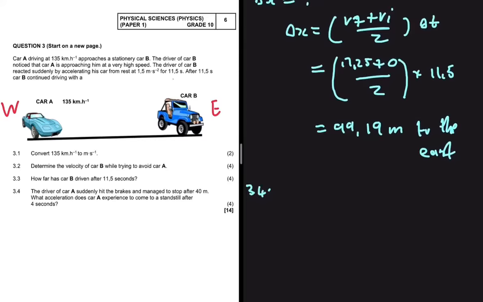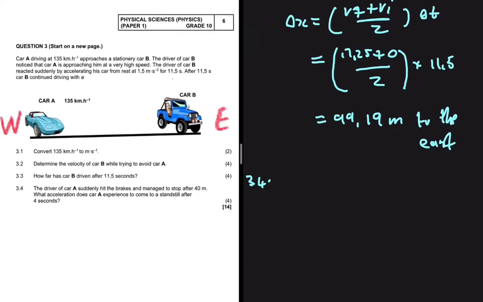The driver of car A suddenly hit the brakes and managed to stop after 40 meters. What acceleration does car A experience to come to a standstill after 4 seconds? Let's conceptualize. Let's try to envision what is happening here. So car A was traveling at a velocity of 37.5 meters per second to the east. So the initial velocity is 37.5 meters per second.